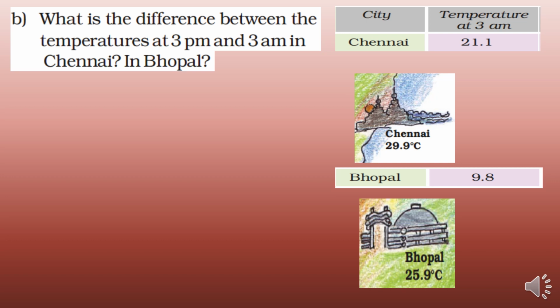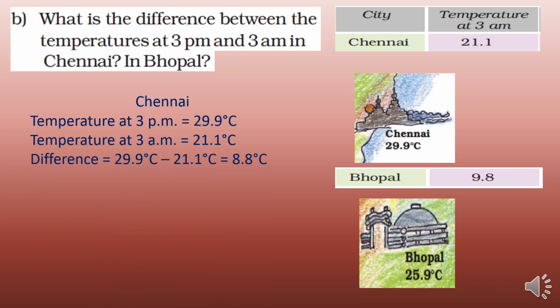So first look at Chennai. See, the temperature at 3 PM is 29.9 degrees Celsius and the temperature at 3 AM is 21.1 degrees Celsius. So if you subtract 21.1 degrees Celsius from 29.9 degrees Celsius, you will get 8.8 degrees Celsius. So the difference is 8.8 degrees Celsius.